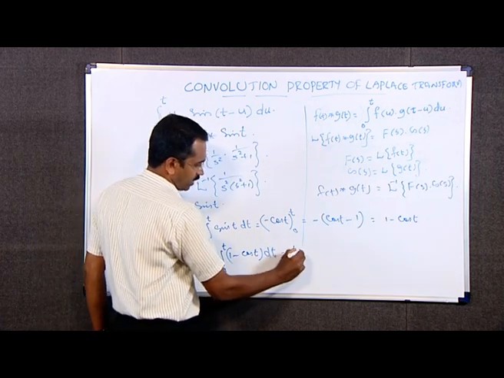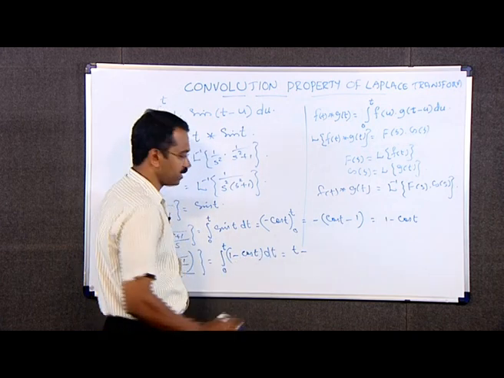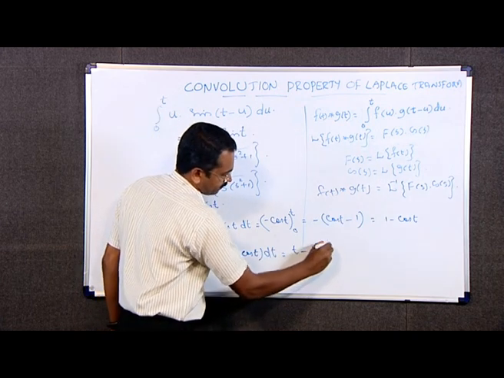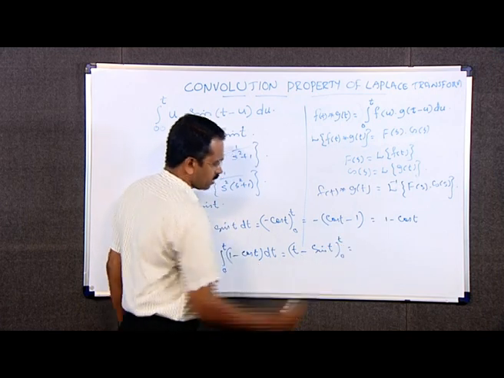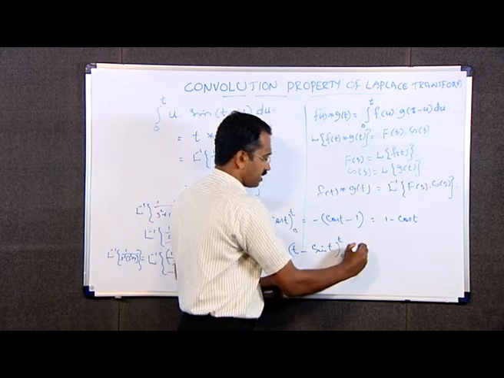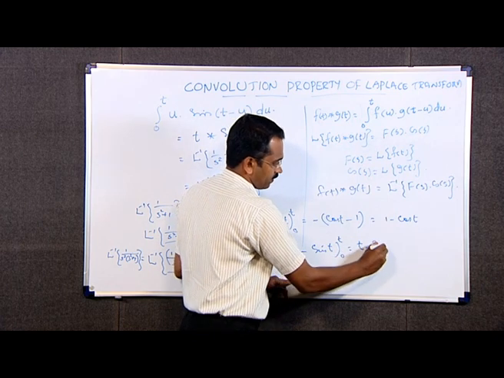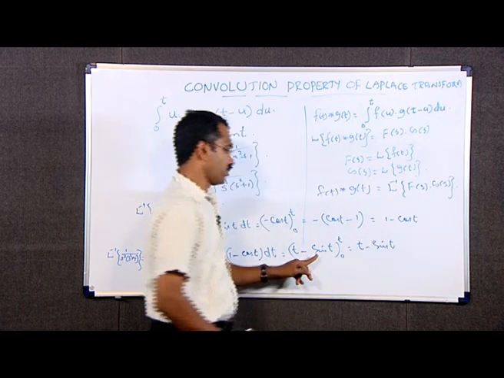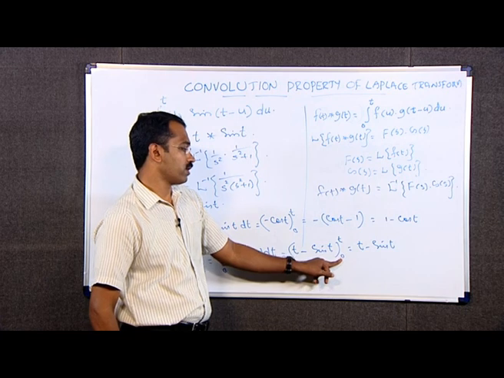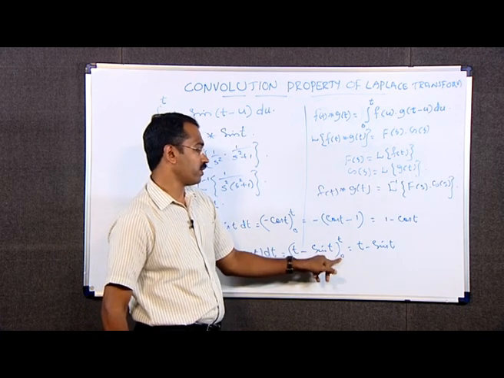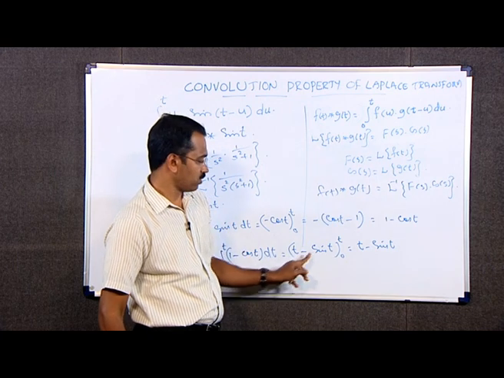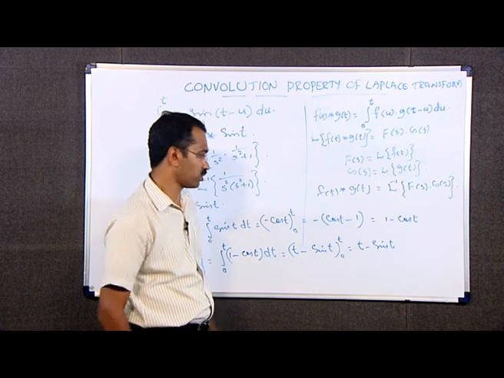t minus integral of cos t is sin t between the limits 0 and t, which is equal to t minus sin t, and when we apply the lower limit, this is for upper limit. If we apply the lower limit 0, the two terms will become 0.